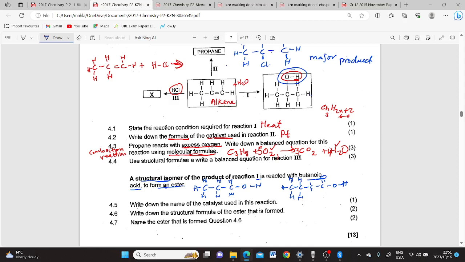Right, this is the butanoic acid that we're going to have. Now they're saying the two will react to form an ester. Write down the name of the catalyst used in this reaction. So we need an acid here because they are saying name, not the formula. So the name is sulfuric acid.